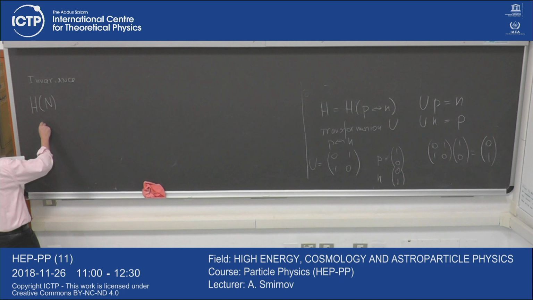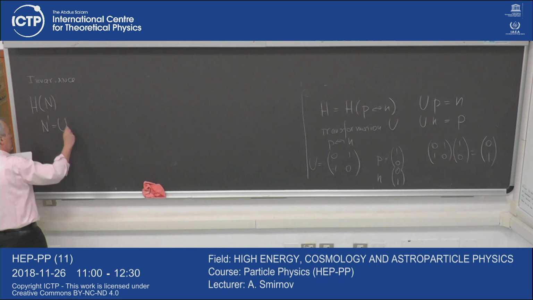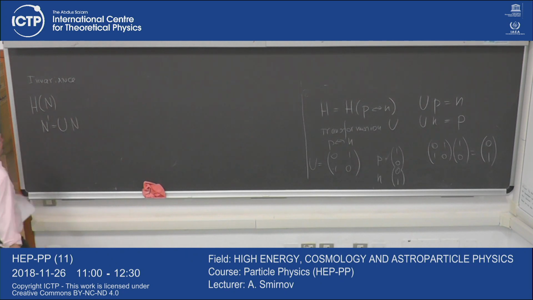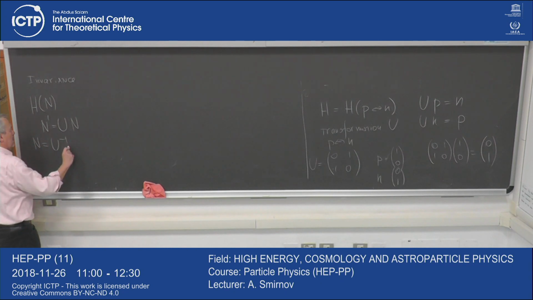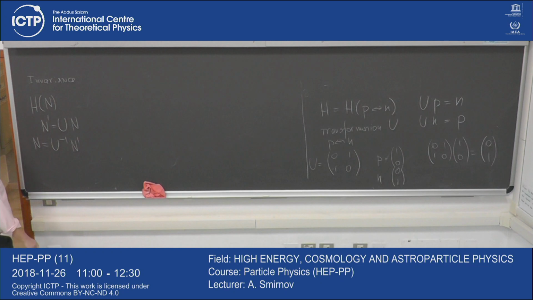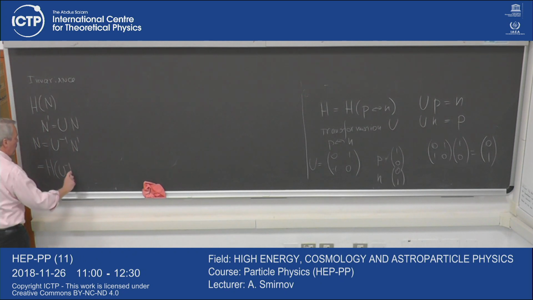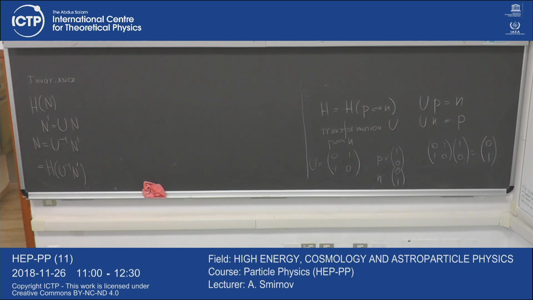Now we are doing transformation, which means that we have n prime, which is U times n, so that n is U minus 1 n prime. So let us insert this expression for n in our Hamiltonian, and what we will get, H of U minus 1 n prime. Okay?